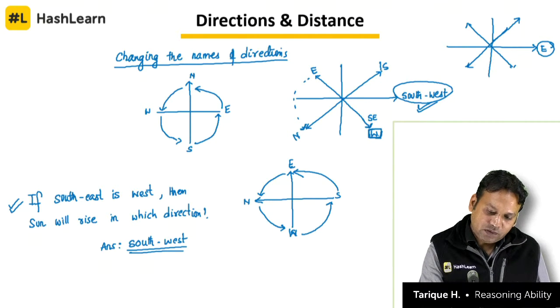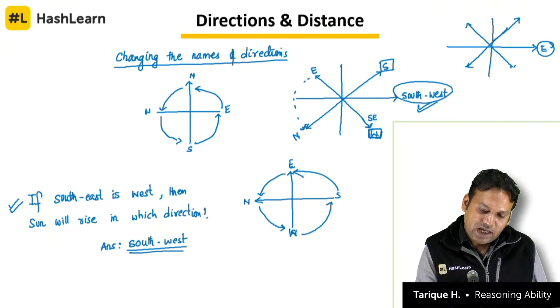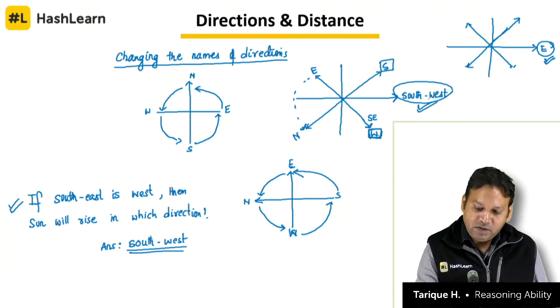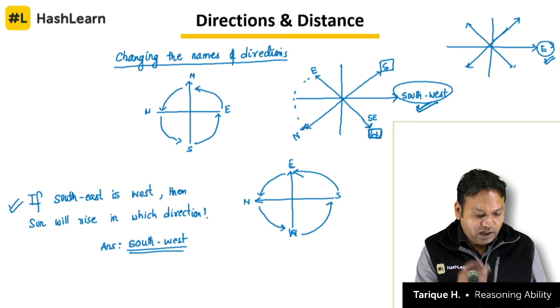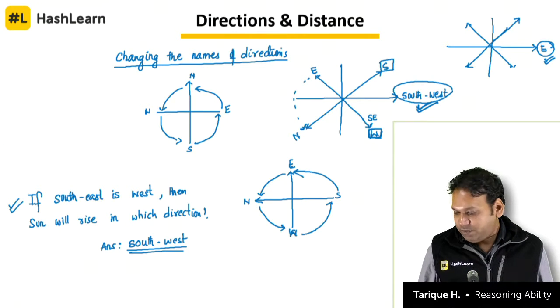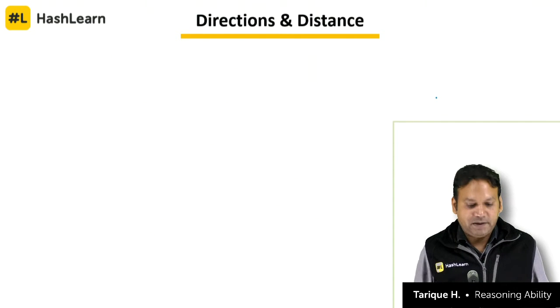If this is south and this is west, between south and west the direction is called southwest. But the southwest actually is our east, and we know sun rises in the east. So here the answer will become the sun rises in southwest, based on the condition given to you in the question. Now let's look at the next concept that we need to see from directions.